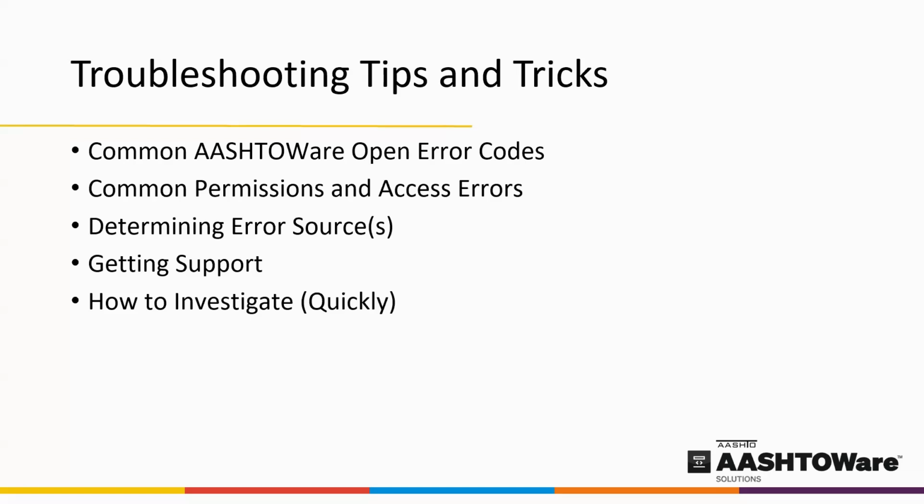Again, if it is AASHTOWare OpenAPI, you will get a permissions error if the subscription key is not included. The error message will be to the effect of subscription key not included. Outside of AASHTOWare OpenAPI, if the BrM application permissions are not at the level necessary for your operation, you can expect a similar permission or access error.